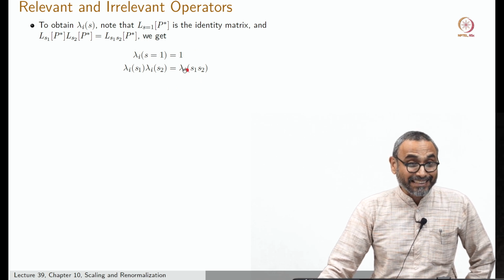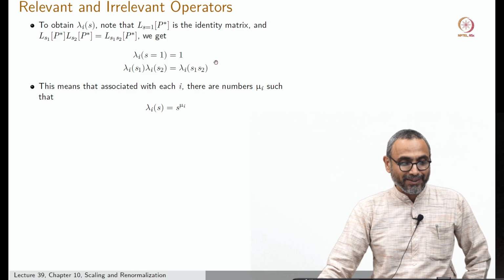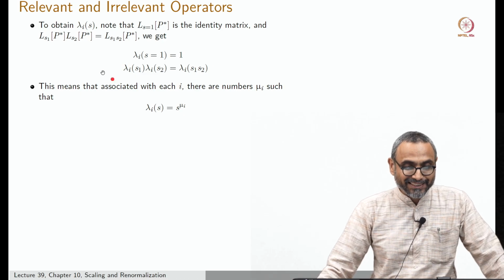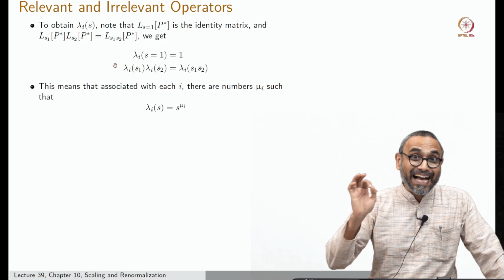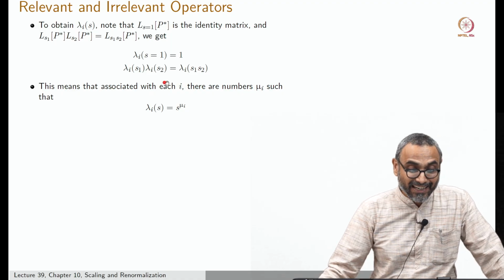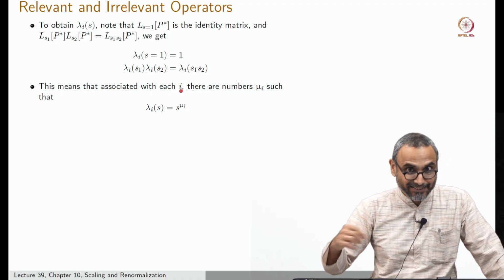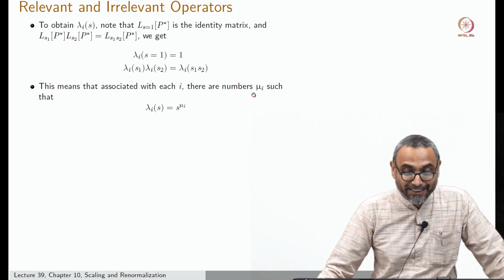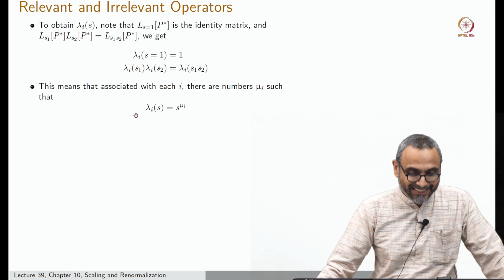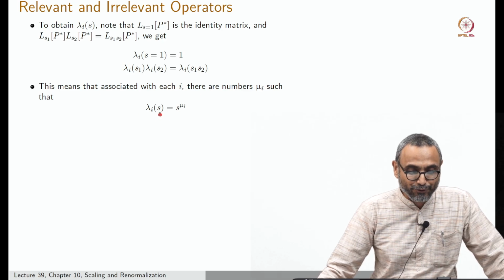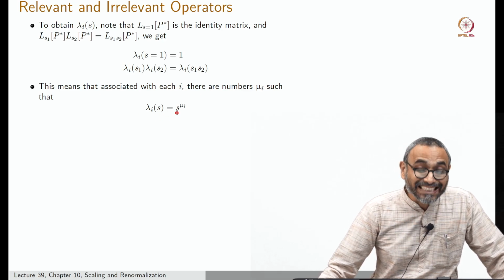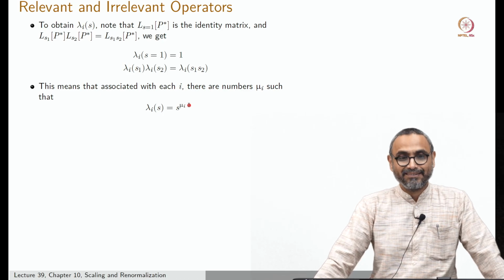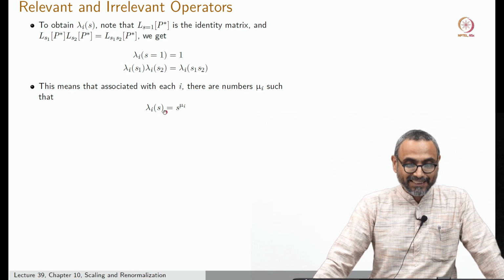Now I claim that this is enough for you to show that if these conditions are satisfied, then associated with each eigenvector, indexed by I, there are numbers called mu I such that lambda I of S is equal to S to the power mu I. Okay, I will state that again.